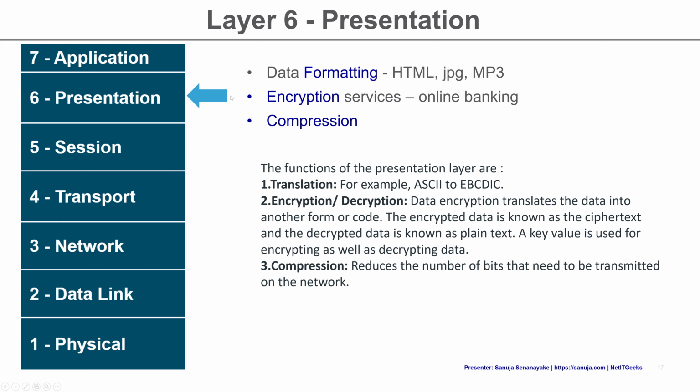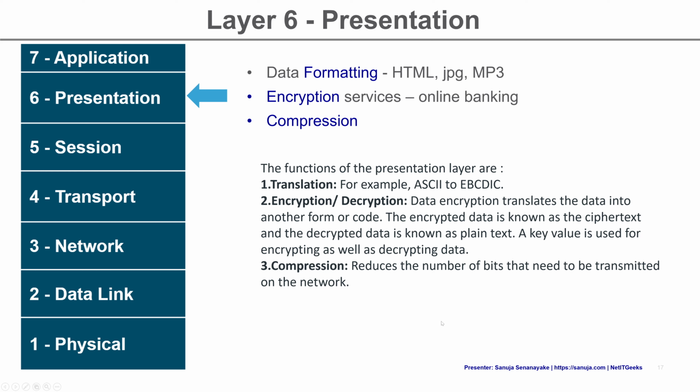You will hear the term plain text a lot, like a plain text document being encrypted, but once it gets encrypted using the presentation layer, it is known as ciphertext. A key value is used in encryption as well as decrypting data, and that would happen in this particular layer.